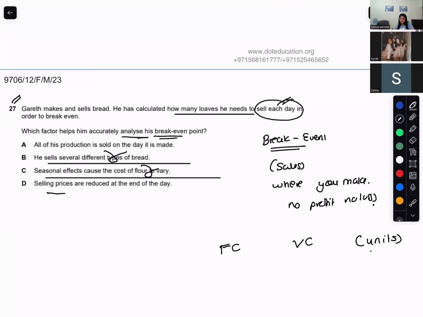Selling price reduced at the end of the day. So selling price is not required in break even. So it'll be A. Contribution, selling price is not required. Yeah, it is.